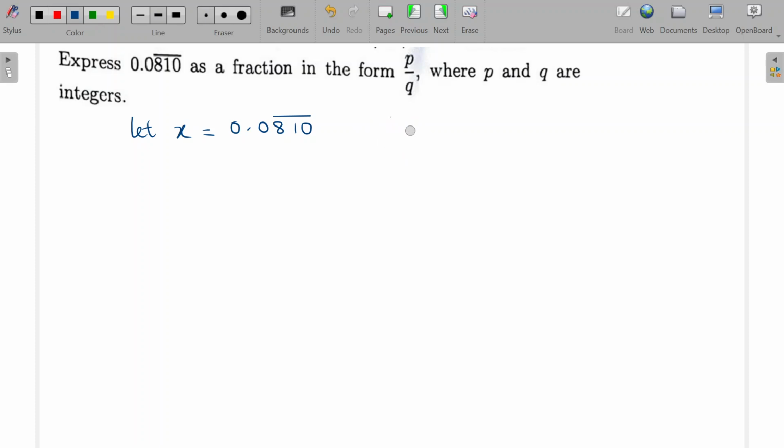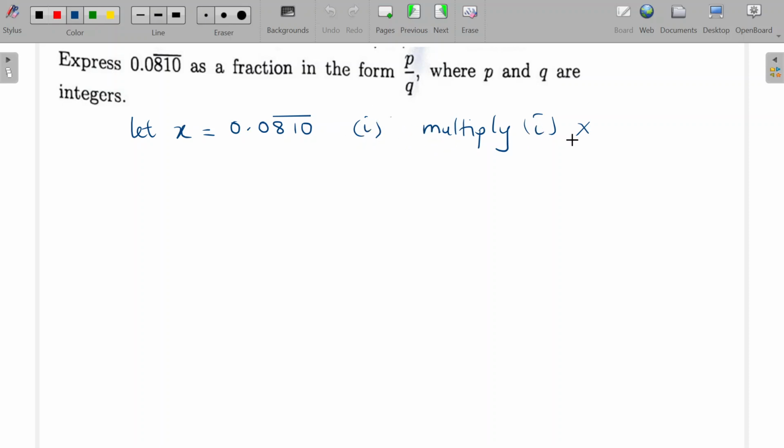When you let x be equal to 0.0810 bar, you make this your equation 1.